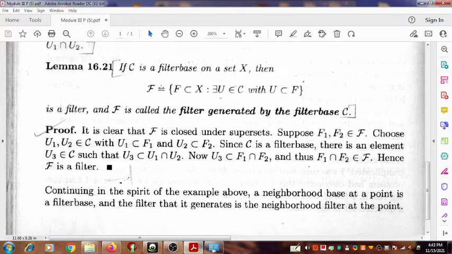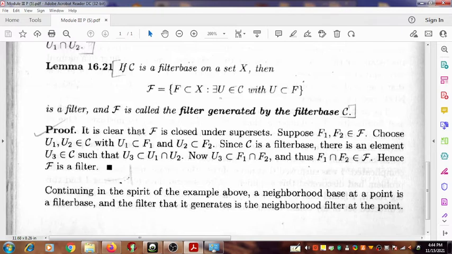Suppose that F is an element of script F. Then there exists U in C such that U is a subset of F. Whenever you take G, a subset of X that is a superset of F, the same U is also a subset of G. So G can also be a member of script F.